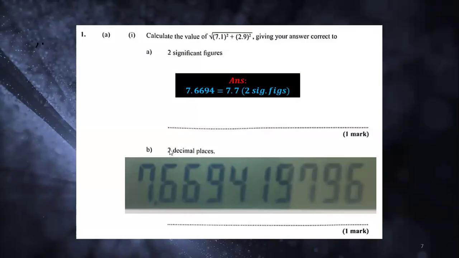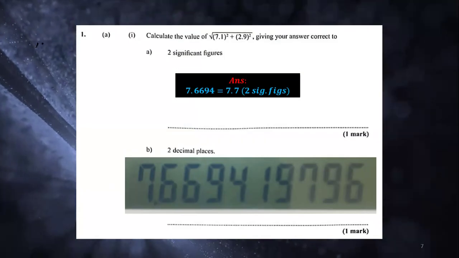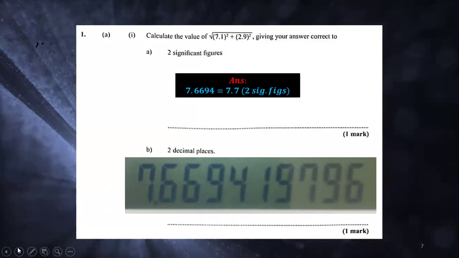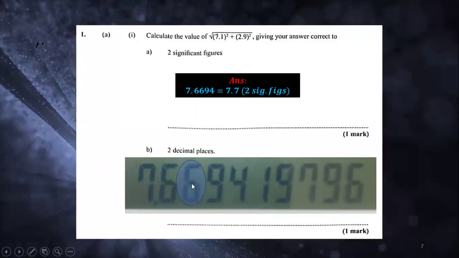And for two decimal places, remember decimal places, we count from the right of the decimal point. So this is the decimal point and we go to the right. First decimal place, second decimal place. So we're just going to circle that number, and in that case, we will end up with this 6.